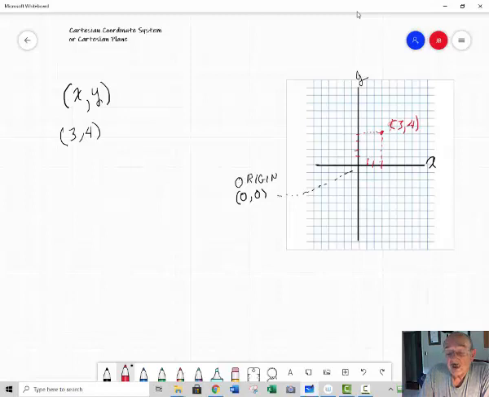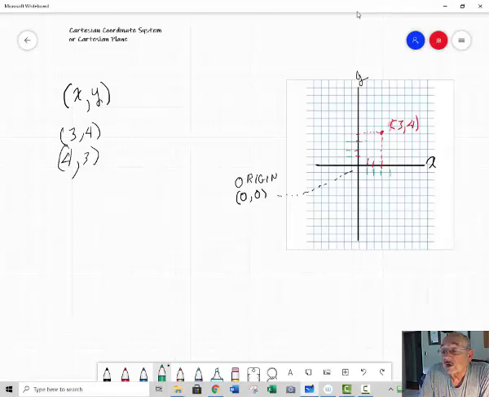Now if I look at the point 4, 3, then I'm going to go out the x-axis 4 units. 1, 2, 3, 4, and up 1, 2, 3.